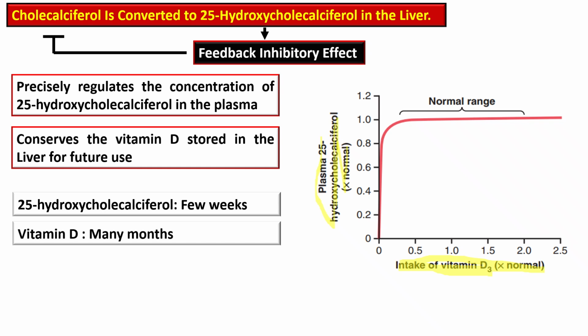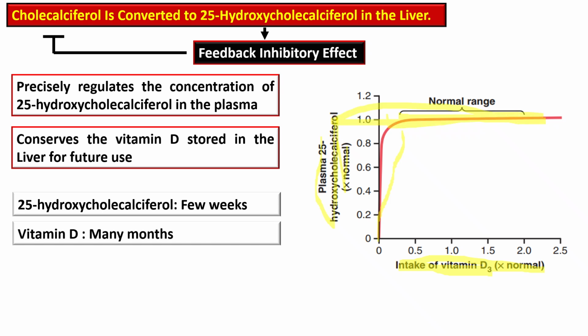So this shows there is a sharp rapid rise in 25-hydroxycholecalciferol with increasing vitamin D3 intake, followed by a plateau once it reaches the normal range.